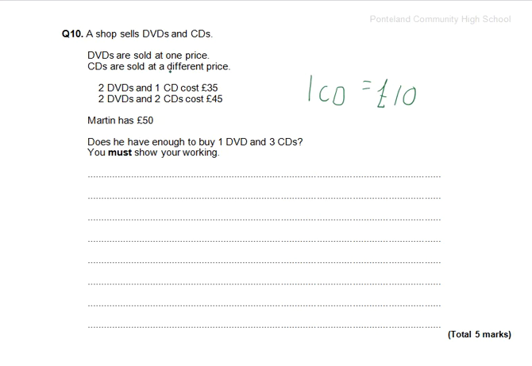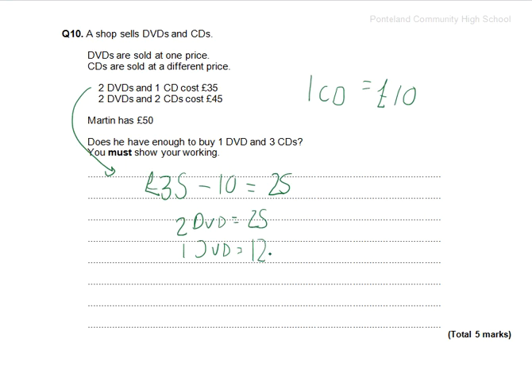If a CD is £10, then taking this equation here, £35 take away £10 is equal to 25, and that's what 2 DVDs cost, which means that one DVD is £12.50.